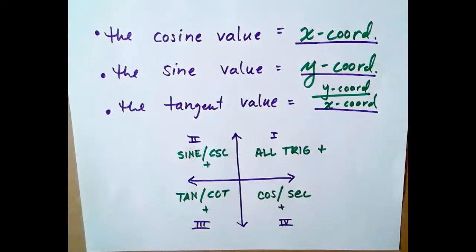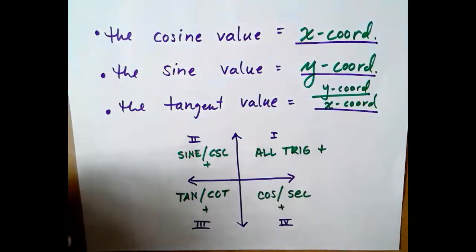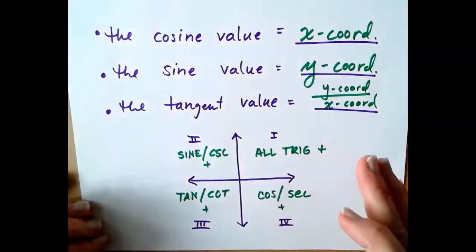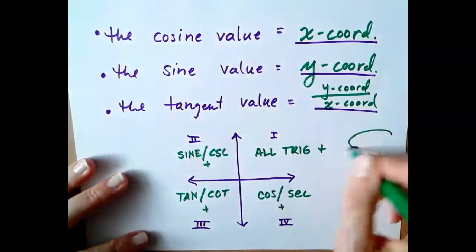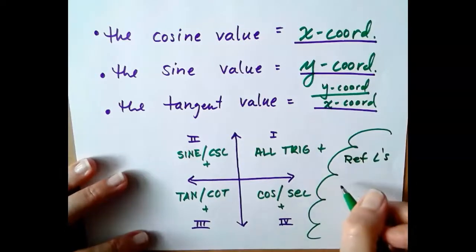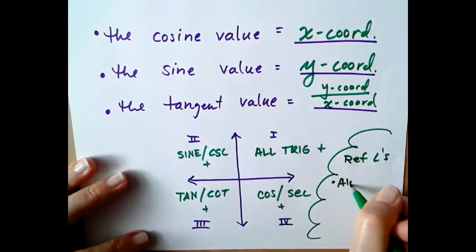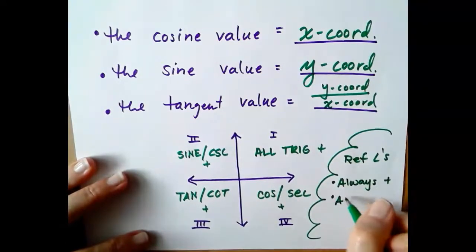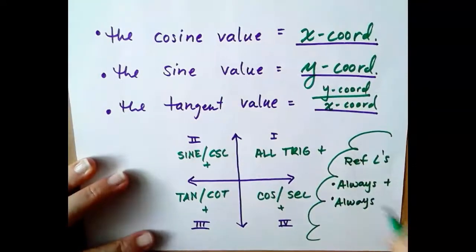Everything else is negative. And last thing, and I've said this a few times, let's write it in as some notes right over here. When it comes to reference angles, they are always positive. They are always acute.